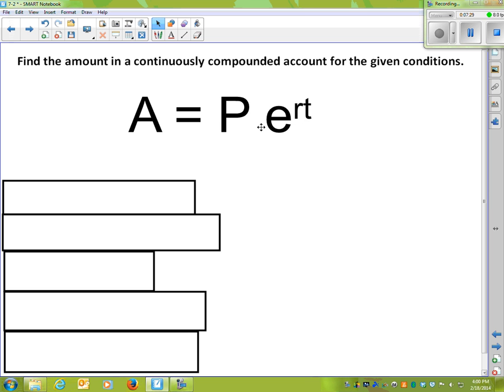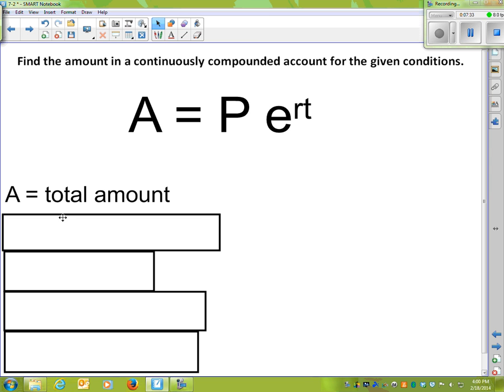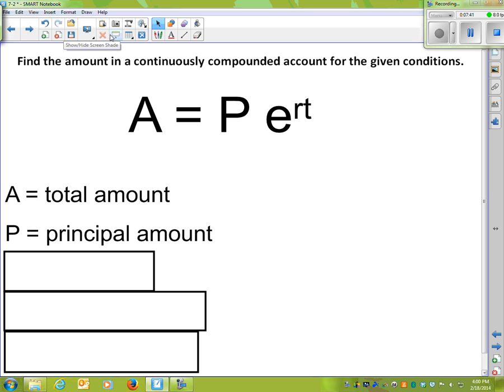I want to talk about each one of these variables. A is the total amount that you have in the account after interest has been calculated. P is the principal amount, or the amount that you started with, how much you invested.